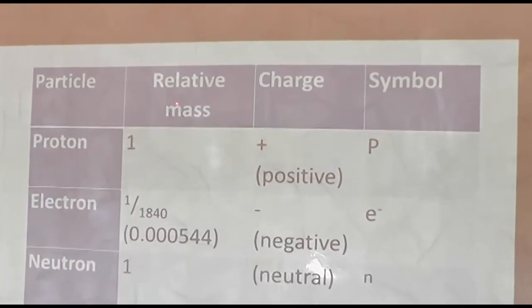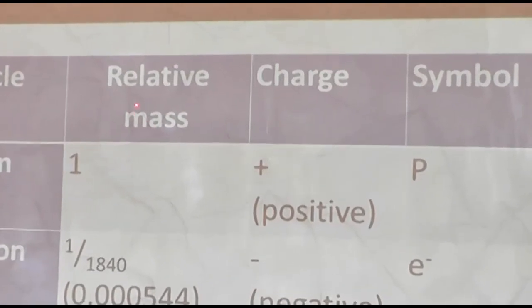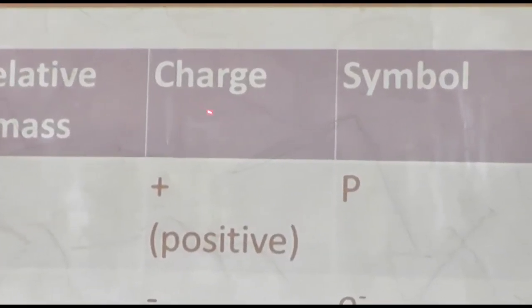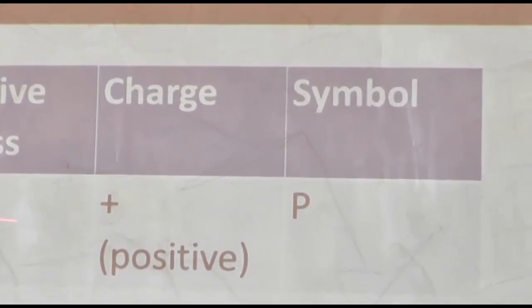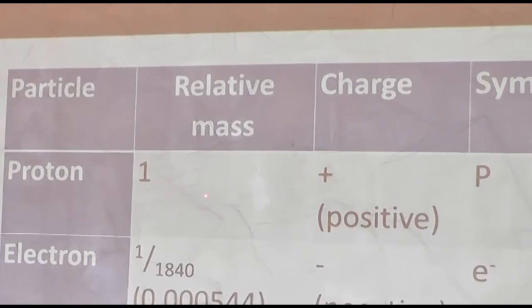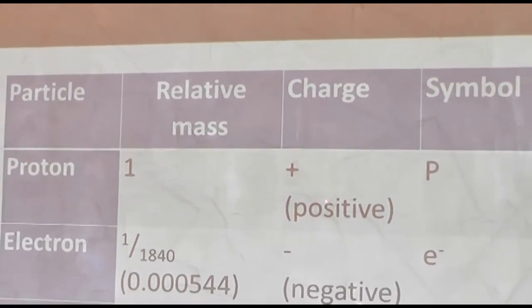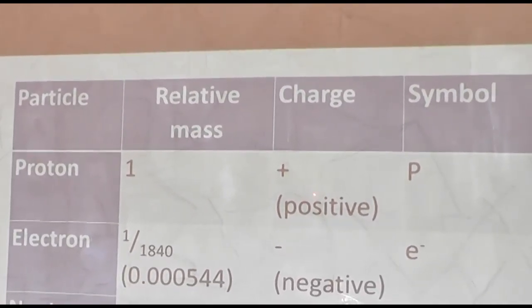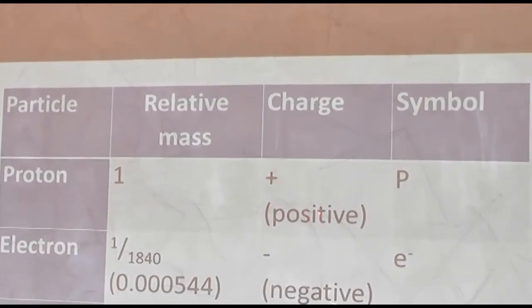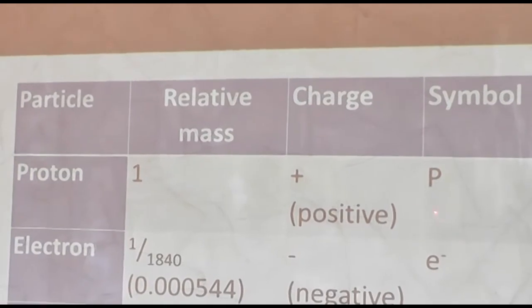Then we have the relative masses of each of the particles, the charges of each particle, then their symbol. For proton, the relative mass is 1, and the charge is positive, from the term proton. Proton means positive, and the symbol is P.